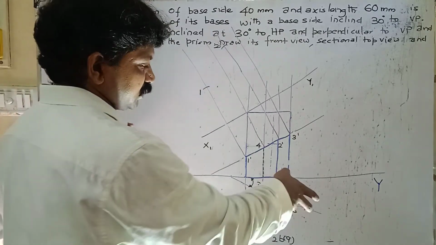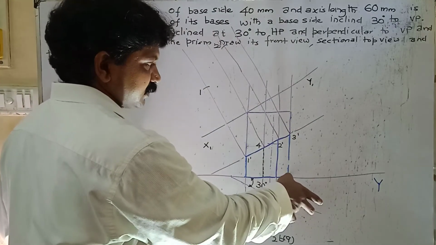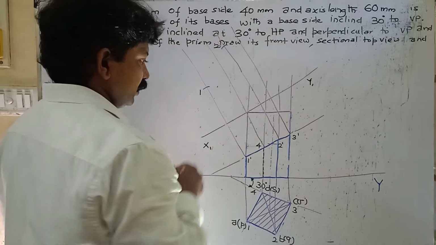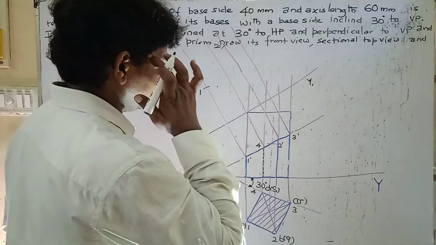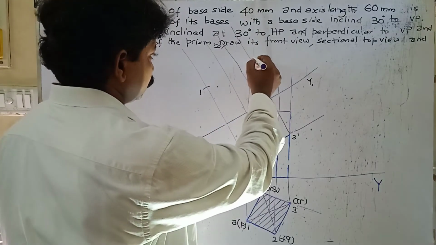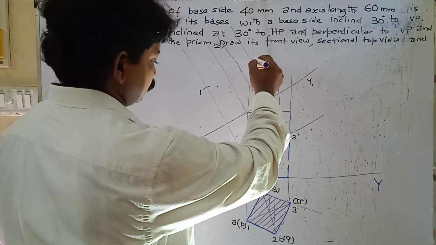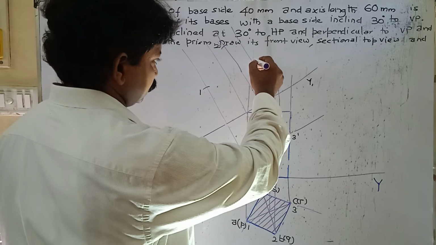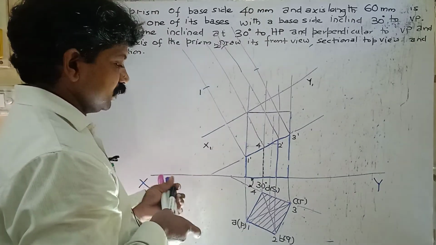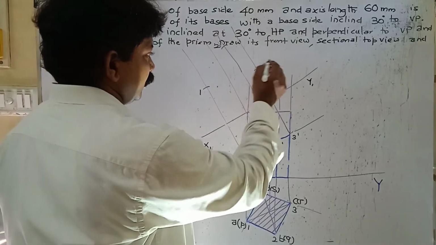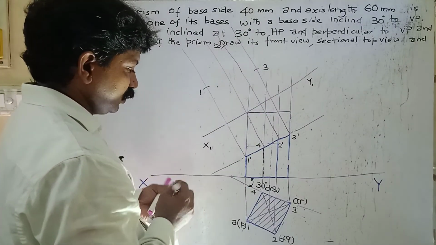And then take the XY axis to point 3 distance as radius, from the corresponding point draw the arc. Mark the point 3. Similarly, how to mark the point 4?